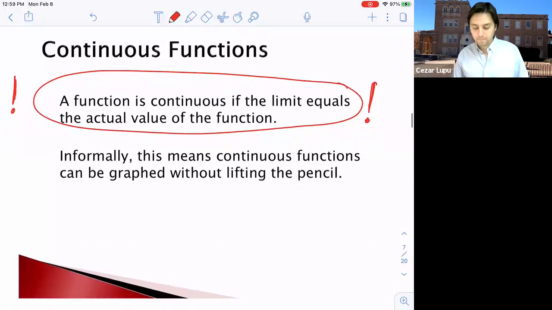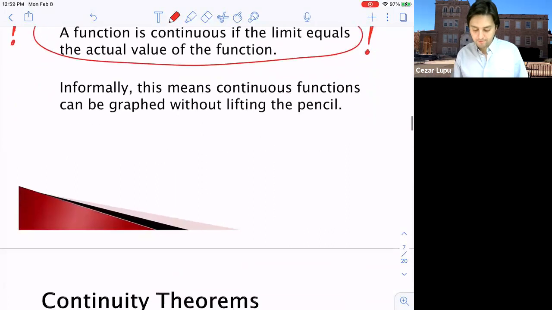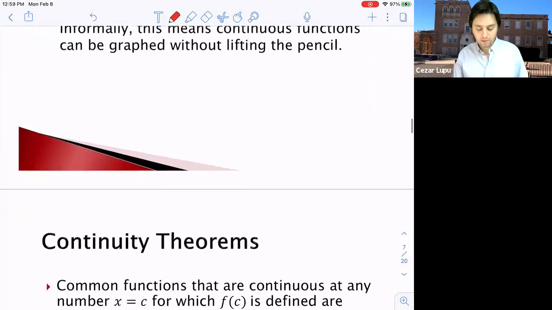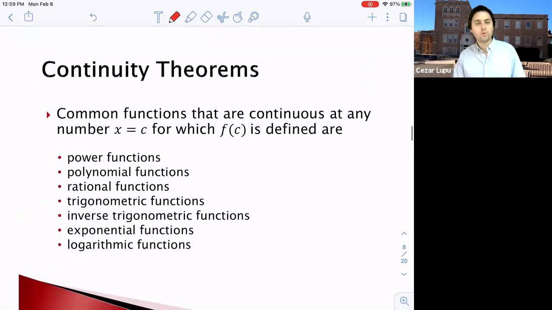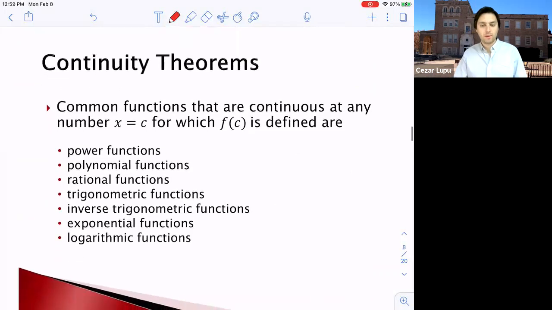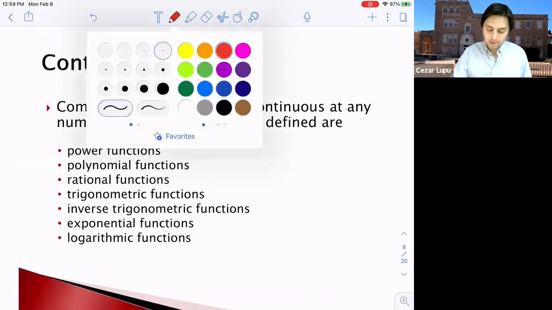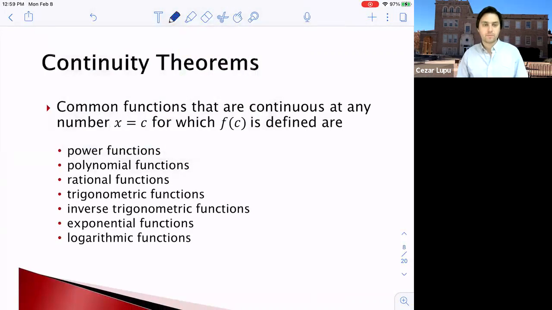So now, having this in mind, let's talk about some continuity theorems. When do we expect to have continuity? Well, as you can imagine, there are common functions that are continuous at any point.